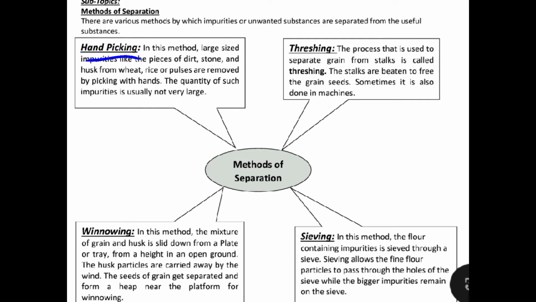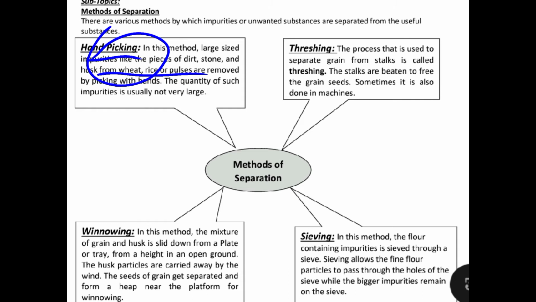For example, when we clean rice at home, there are some particles of husk and some stone pieces, and we remove those with our hands. That is called hand picking. We use this method daily at our homes. Our mothers and sisters also use it to remove impurities from rice, wheat, pulses, and other useful substances.